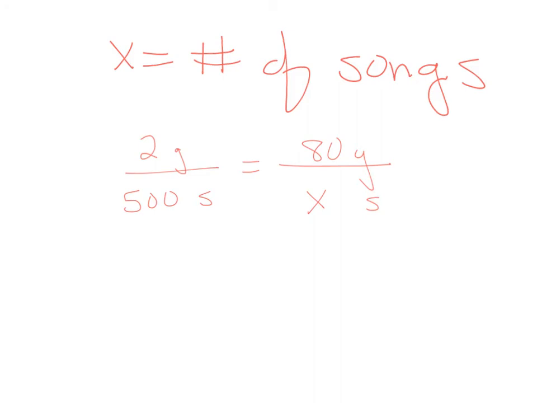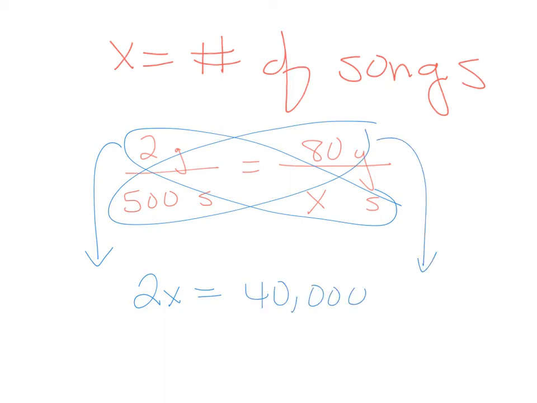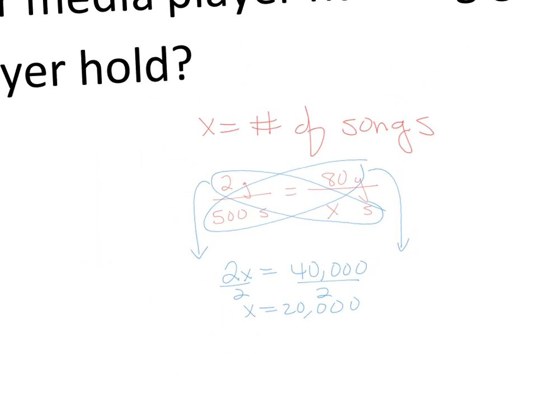All right, so now we're going to go ahead and cross multiply. So I'm going to take 2 times x and get 2x equals 500 times 80. And I'm going to end up with 40,000 when I do that. Divide by 2 on both sides. So x equals 20,000. Okay, so now we need to write a complete sentence here.